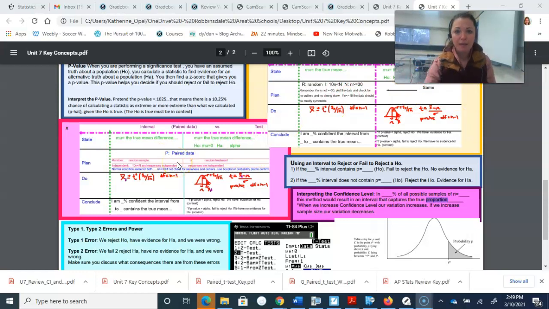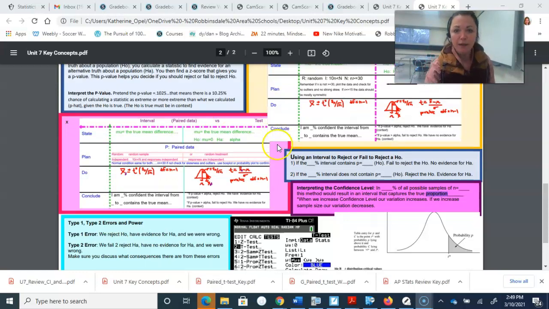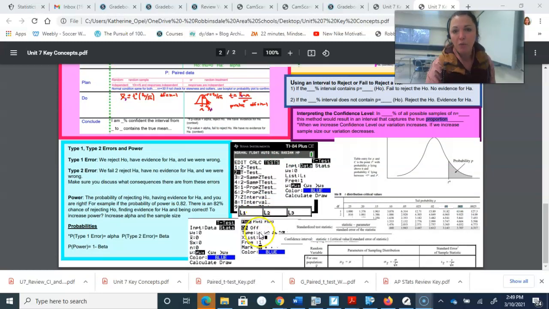Take a minute to reflect on the conditions, making sure you understand what I just said, and write down any questions you might have for me. Now, in the do, really nothing changes unless you are given data. If you are given data, you'll have an L1, an L2, and you may have to find the L3. When you run your t-test or t-interval, you're going to change that list to L3.